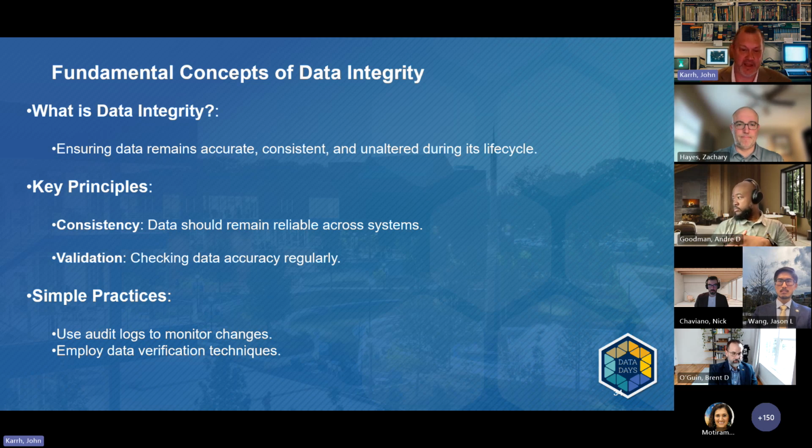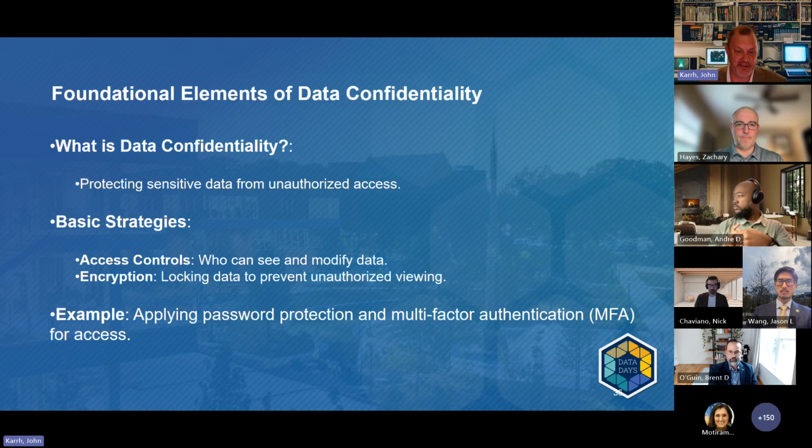So as we move from there to the confidentiality pieces, and that's something Zach brought up earlier in his part of the talk, talking about those regulations and the policies, and it could go down to procedures and processes as well, and protecting that sensitive data from things like unauthorized access or unauthorized alterations. You know, making sure that the people who should be able to see it can, but the people who can't will not gain access to it.